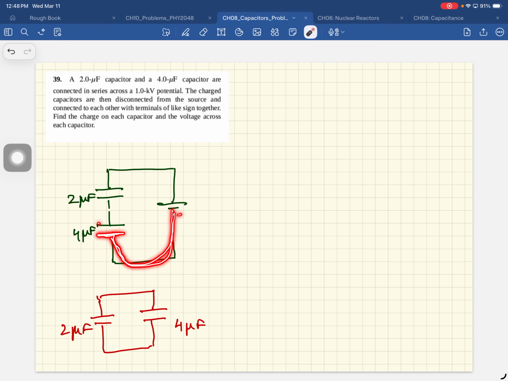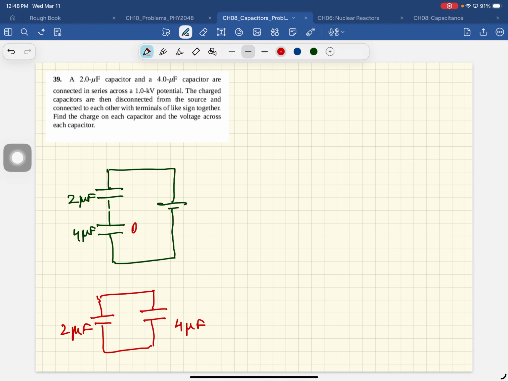These 10 electrons will repel 10 electrons. Remember, capacitors, the opposite conductors always acquire the same charge. So this will repel 10 electrons there. 10 electrons will collect there, and these will repel 10 electrons. So when you connect capacitors in series, the charges are the same.